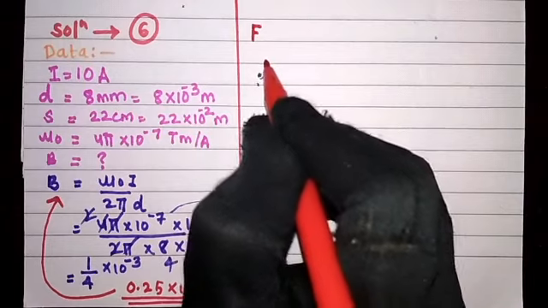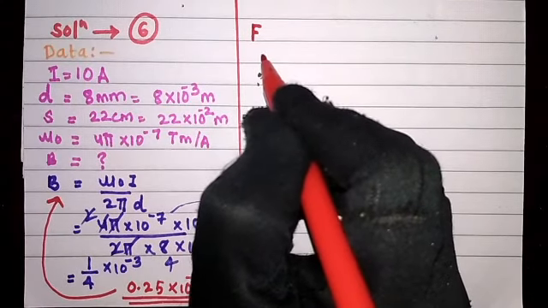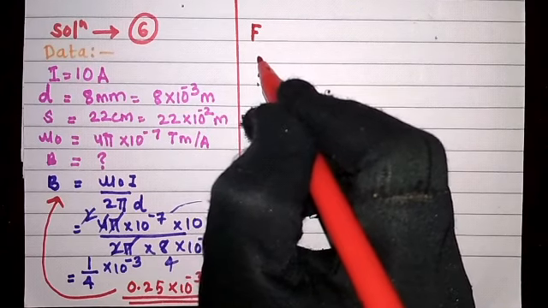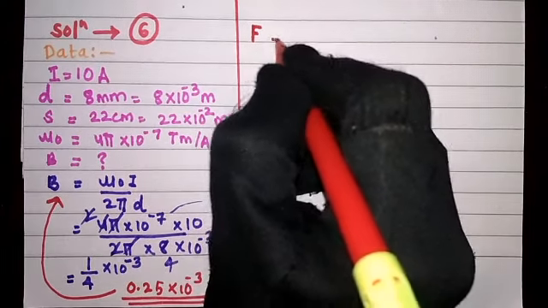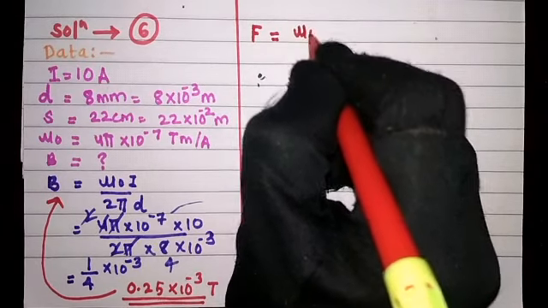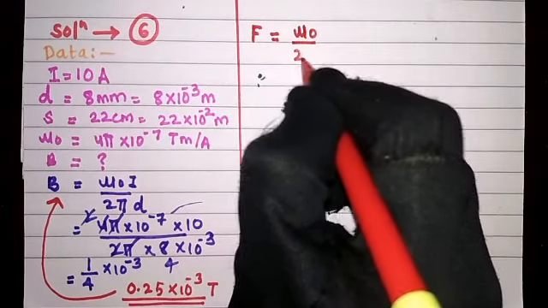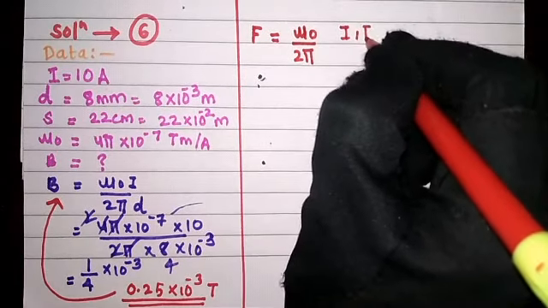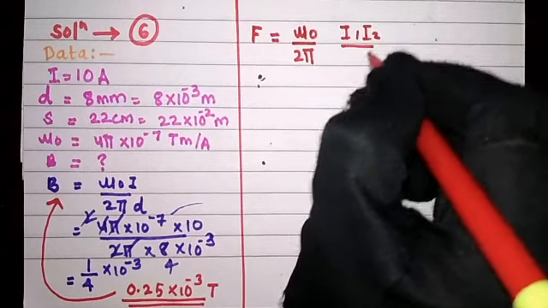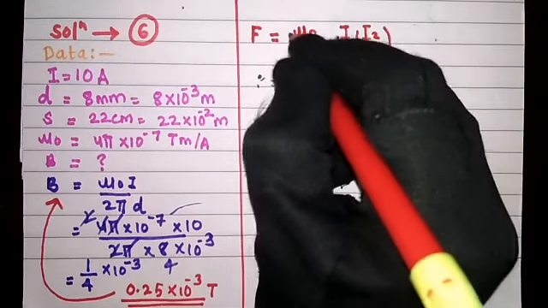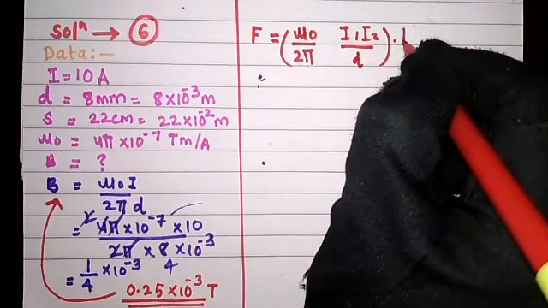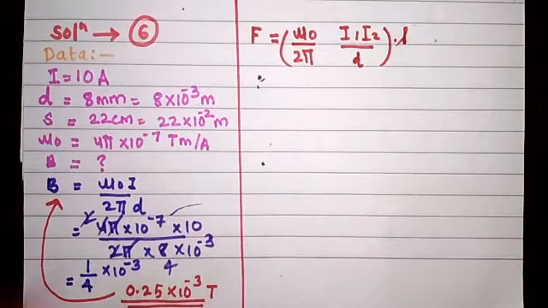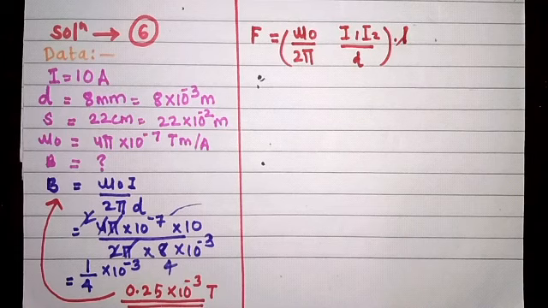Now for the force between two long straight wires, we have one formula, that is force is equal to mu naught upon 2 pi, I1 I2 upon small d, close the bracket, into L. So this is the formula with us.